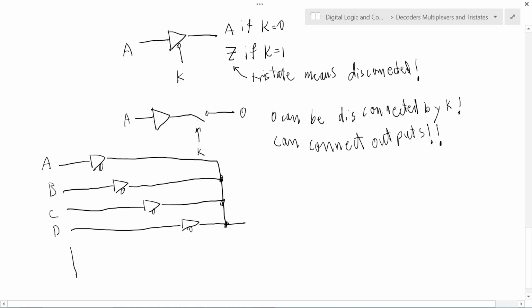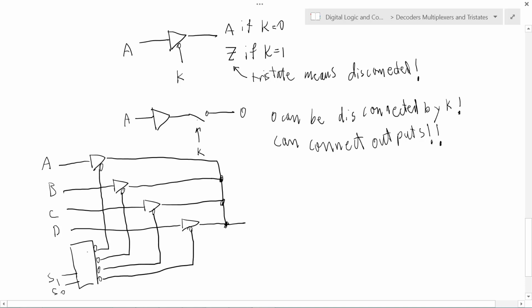Well, we can then connect a decoder. We're going to use here an active low decoder, with inputs S1, S0, and then we connect the decoder outputs O3, O2, O1, and O0 to the control signals for these four tri-state buffers.